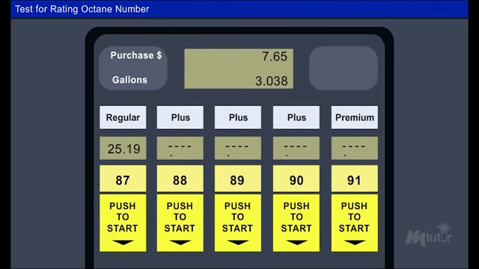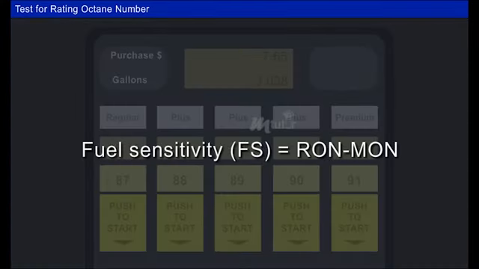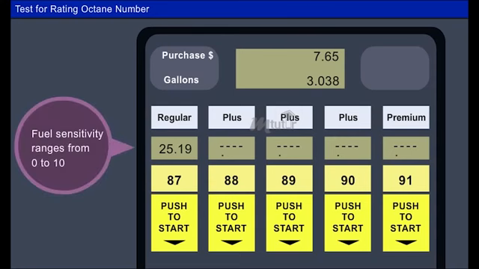Fuel sensitivity. The difference in octane number between the research method and the motor method octane numbers is known as the fuel sensitivity. Thus, fuel sensitivity Fs equals RON minus MON. Generally, fuel sensitivity ranges from 0 to 10. It measures knock characteristics of a fuel when conditions of operation change.